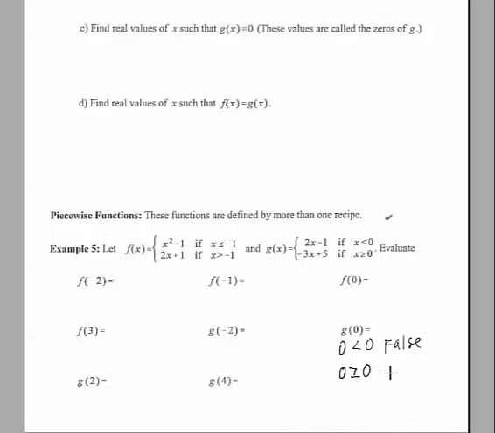Yes, it is equal. True. So g of 0 equals negative 3 times 0 plus 5. 0 knocks out the negative 3, and we get 5 for g of 0.